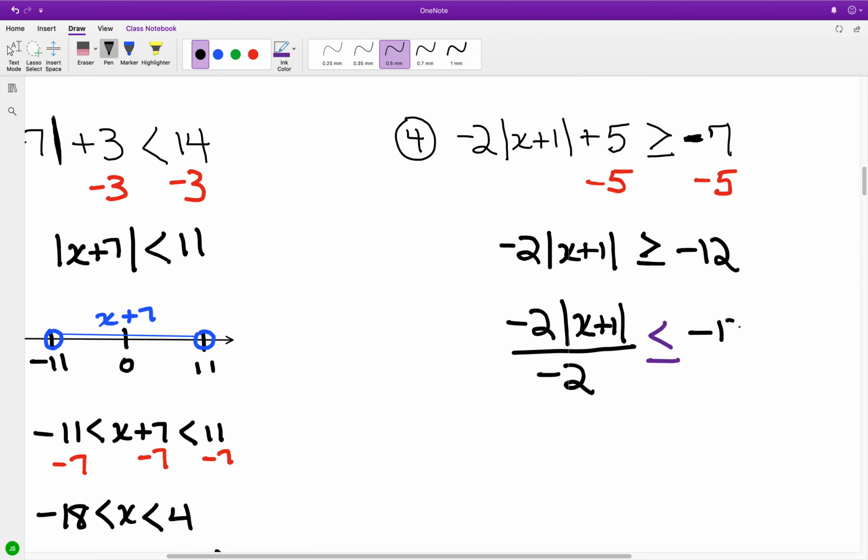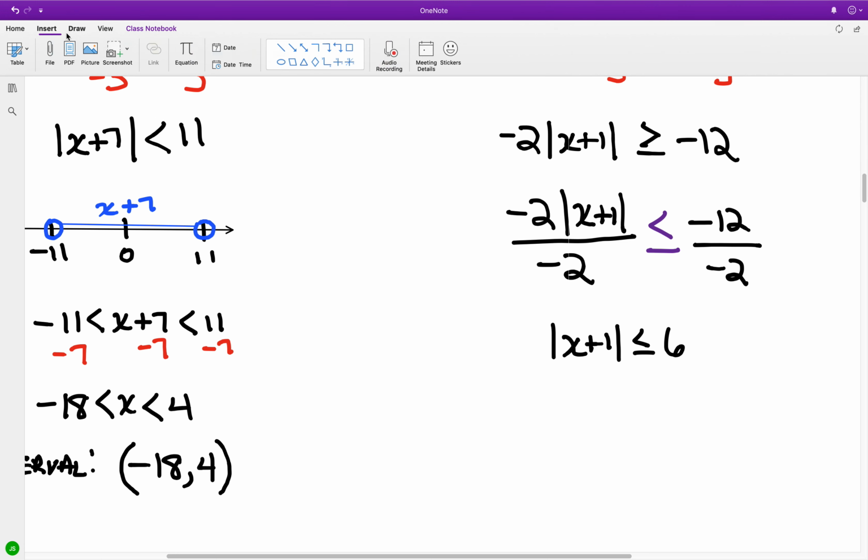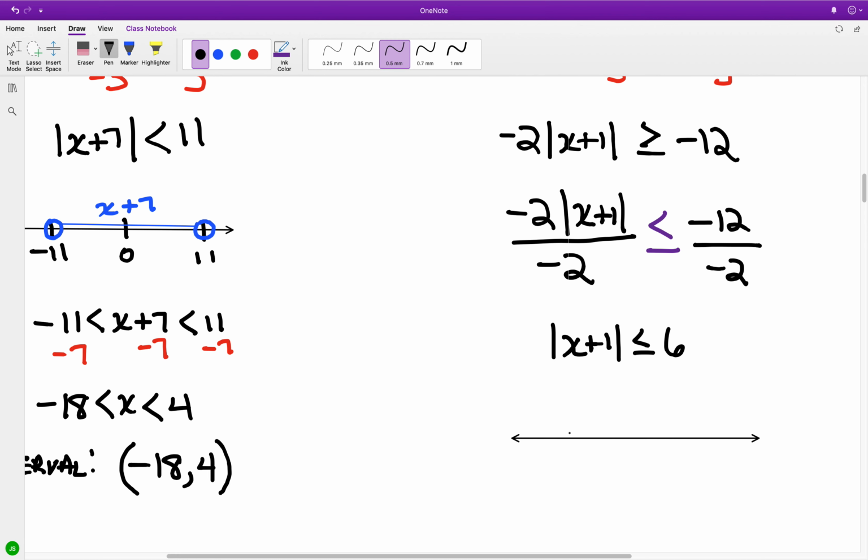And so with division by negative 2, we have the absolute value of x plus 1 is less than or equal to 6. Taking what we have here, concerning the absolute value of 6, at the lower end we have negative 6, upper end we have positive 6.